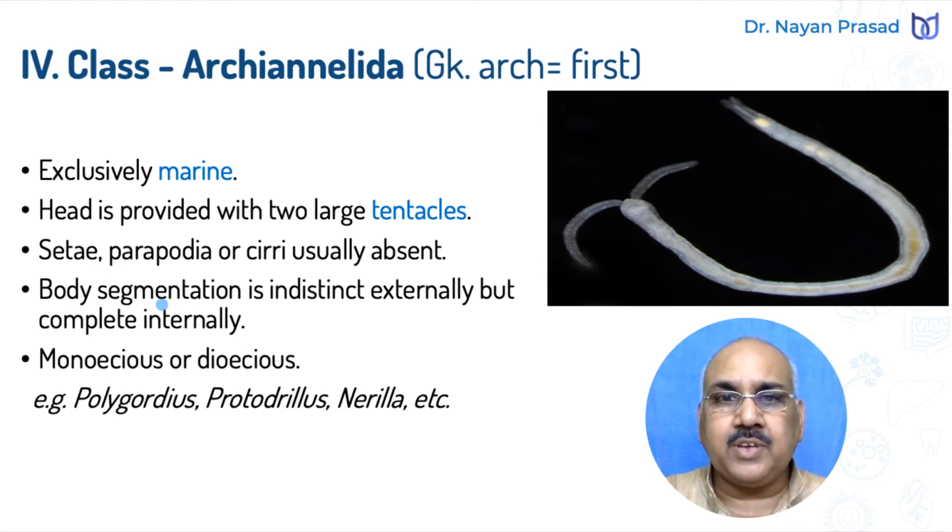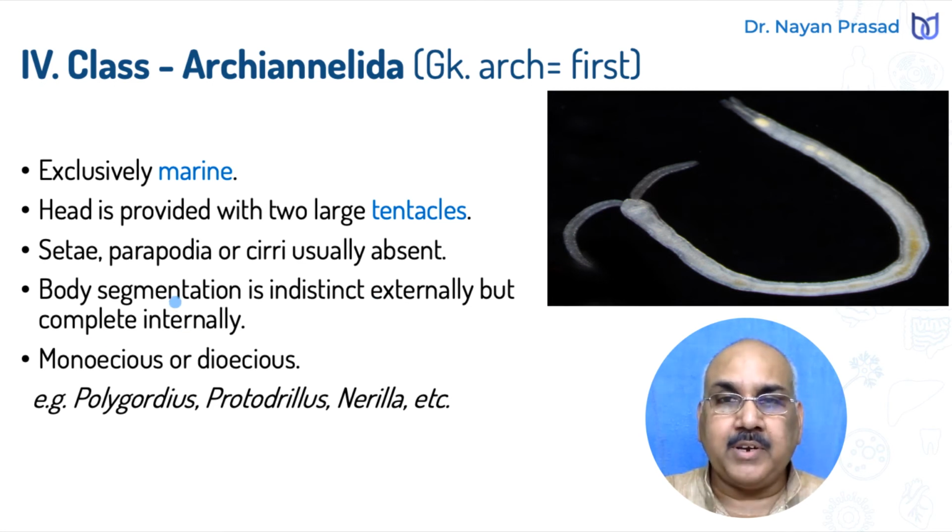Body segmentation is indistinct. In this group, the division in the body is not so clear like earthworms or leech. In these members, body segmentation is indistinct externally. From outside, divisions are not so clear, but division is complete internally.